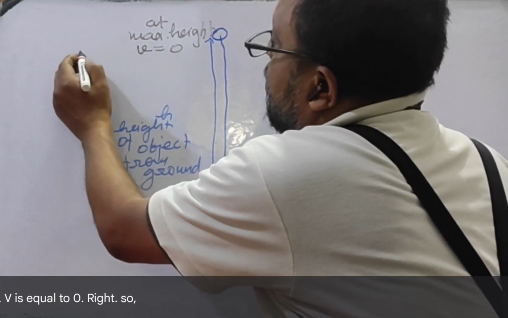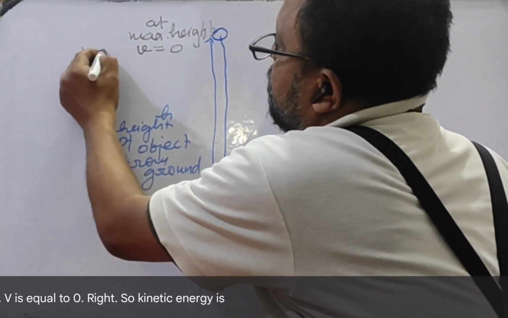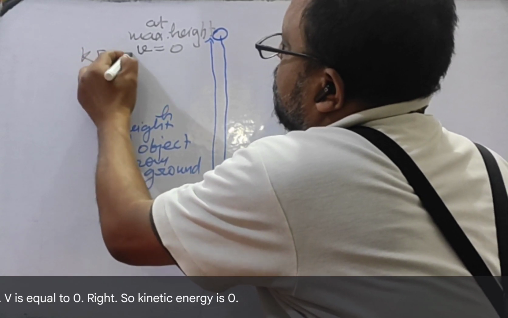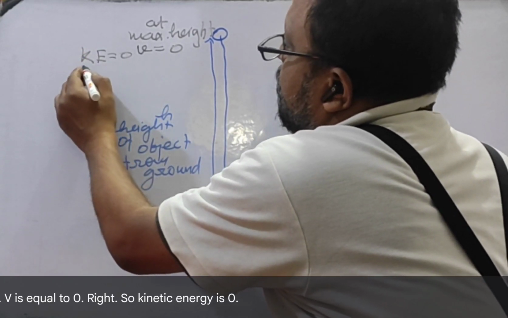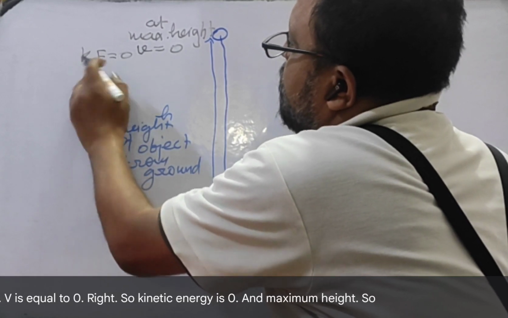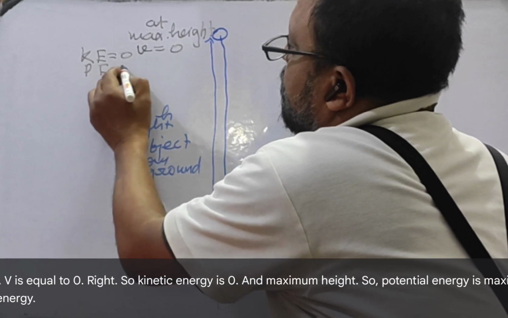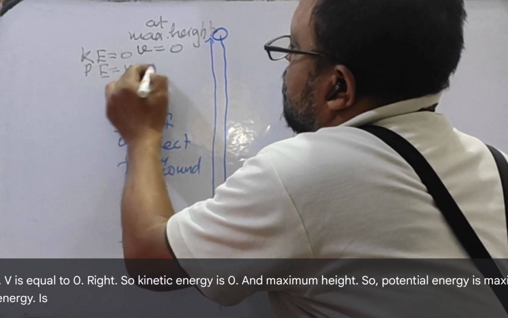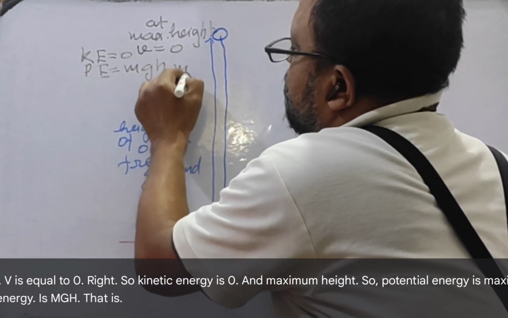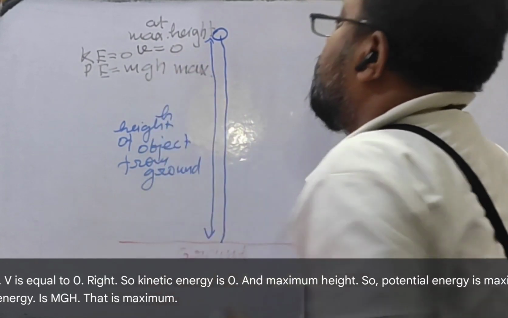So kinetic energy is 0 and at maximum height, so potential energy is maximum. Potential energy is mgh, that is maximum, right?